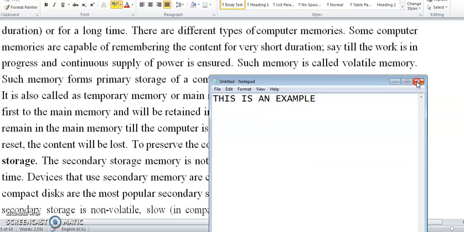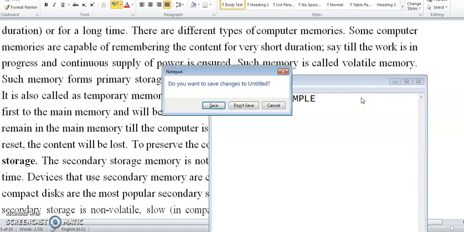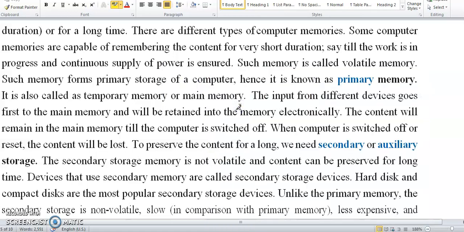The same way, if I close this file right now and say don't save, the content is lost. So there are different types of computer memories. Some computer memories are capable of remembering content only for a very short duration, while work is in progress and there is continuous power supply.